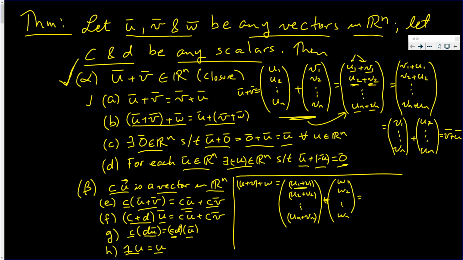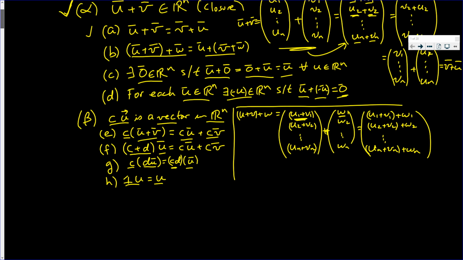Now, I add these. Right now, we're going to think of that as one number plus another number. It is u1 plus v1 plus w1, u2 plus v2 plus w2, all the way down to un plus vn plus wn. Now I'm going to think of each entry as three numbers.